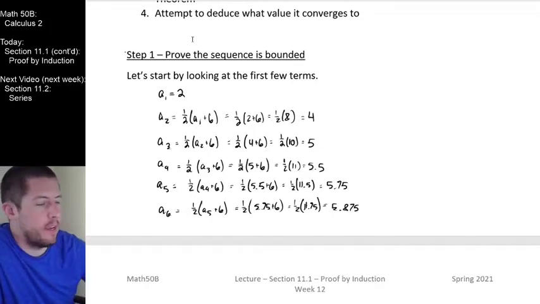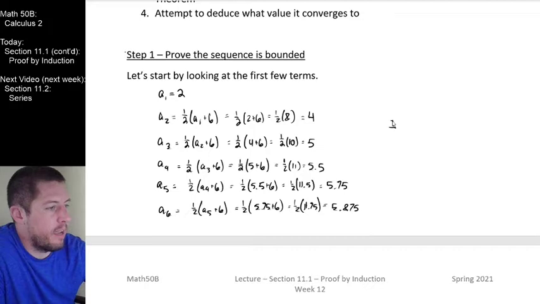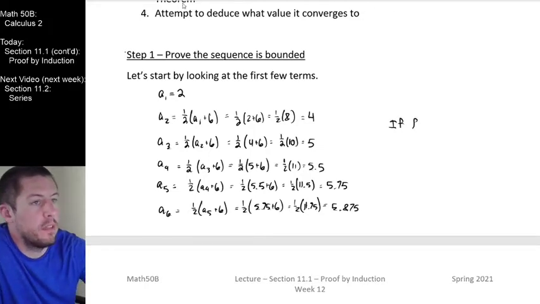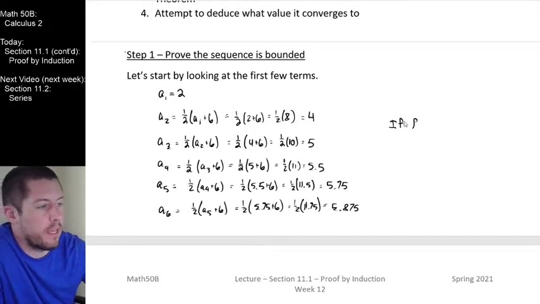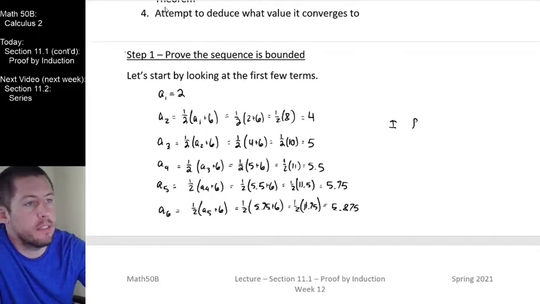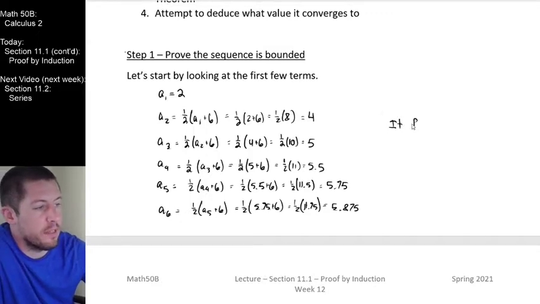And what do we see happening here? I guess I want to say it feels like this is converging to 6. That's what it feels like to me.